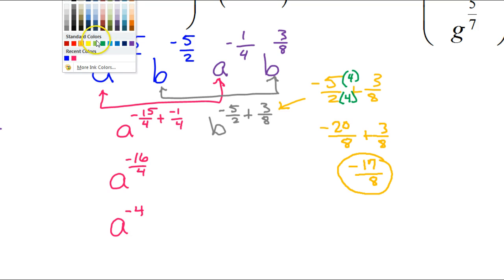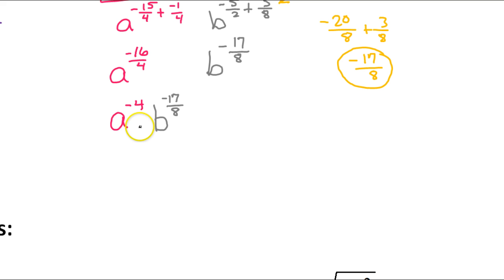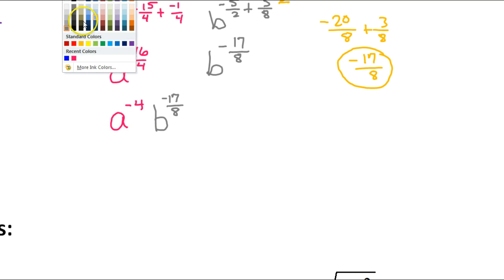So I've got b to the negative 17 over 8. So I'll just pull that down here. So b to the negative 17 over 8 power. Now look, both of these have negative exponents. So all that's left to do is to drop these down to the denominator. Do you understand what I'm saying?